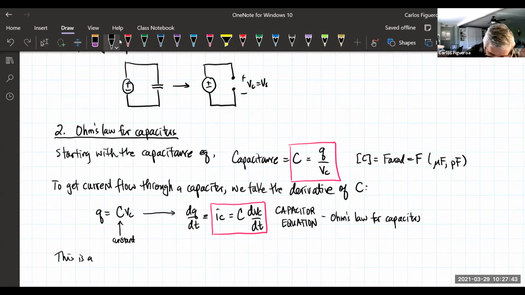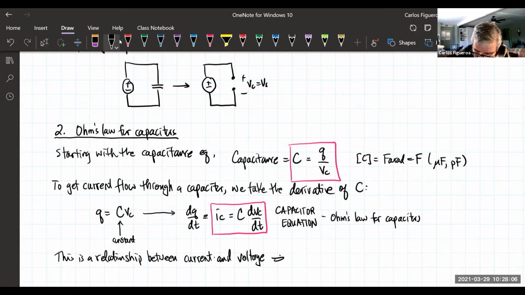This is a relationship between current and voltage, and it's not linear. It's a differential equation. This is the reason why you cannot use mesh or node anymore.